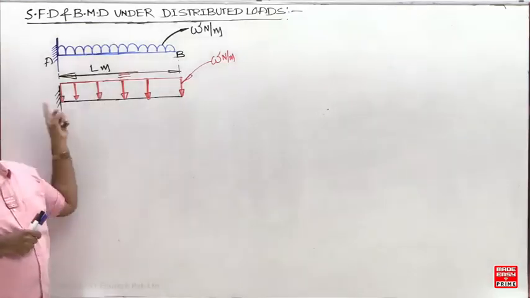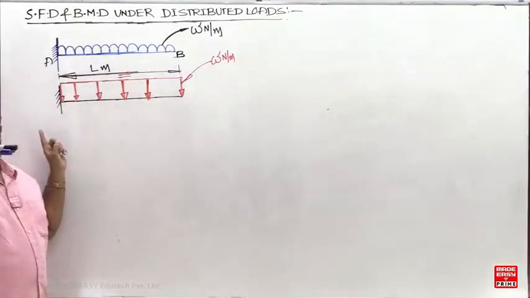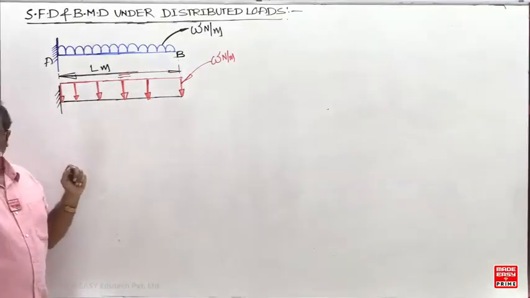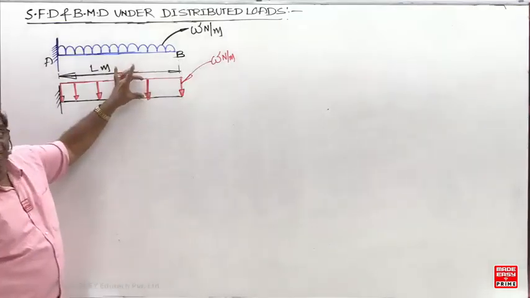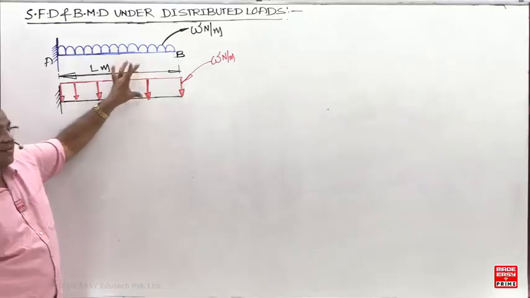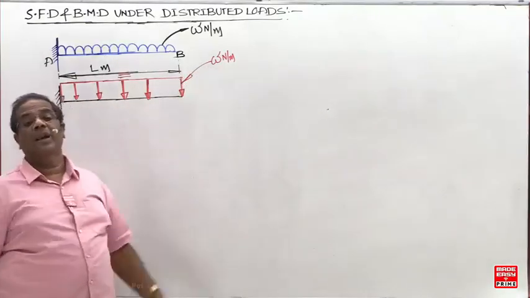In the previous example, a person is sleeping on a beam with a length of 5 meters, and the weight is 100. At each and every meter the intensity is 100 upon 5 meters, which means 20. So this intensity is called 20 kilonewtons per meter.